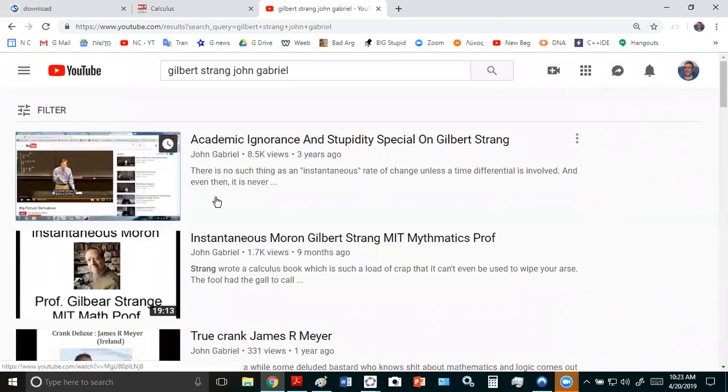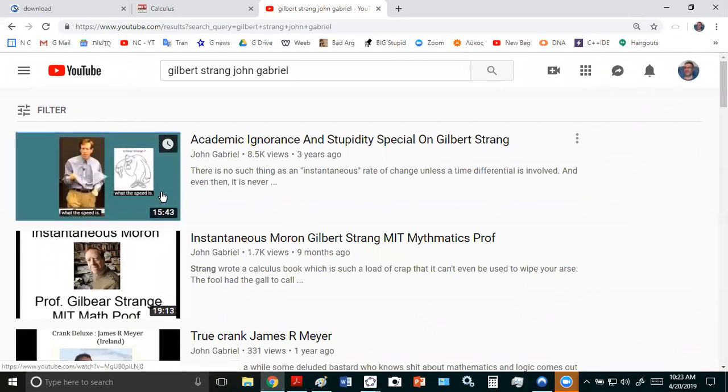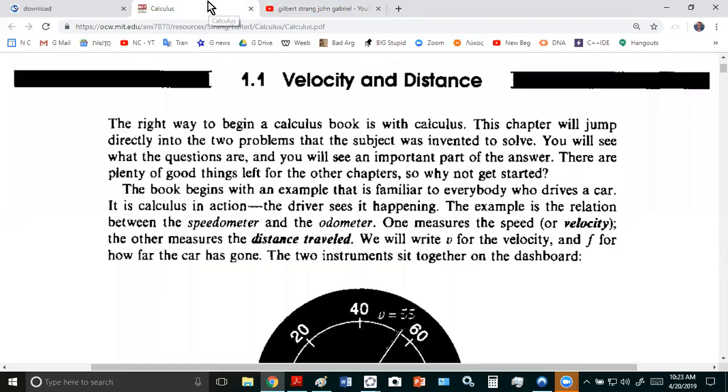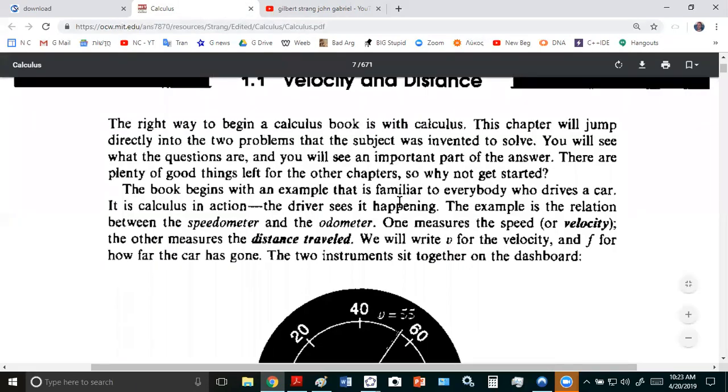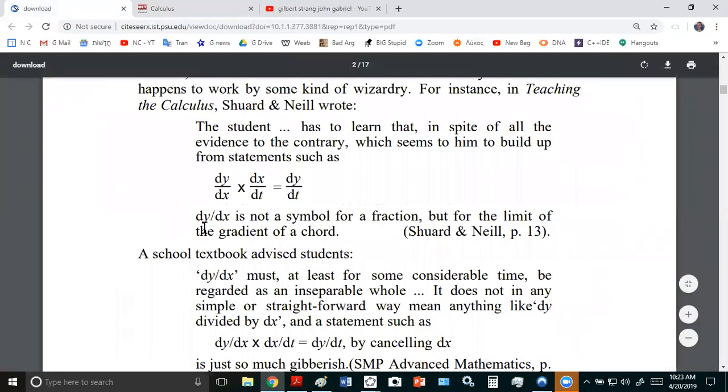I've mentioned a lot of things there with respect to an instantaneous rate, which is nonsense, and also the way Strang approaches the calculus, of which I'll give you an example from his book in a moment. But I first want to complete my comments on this.